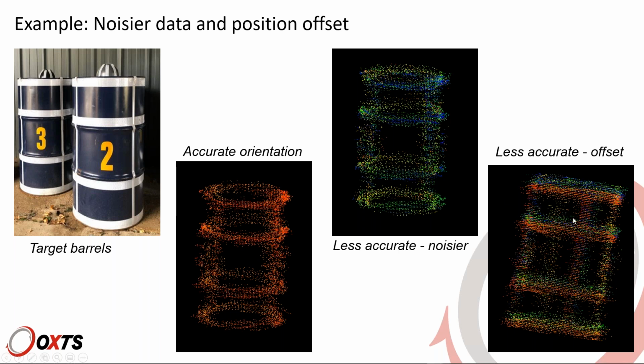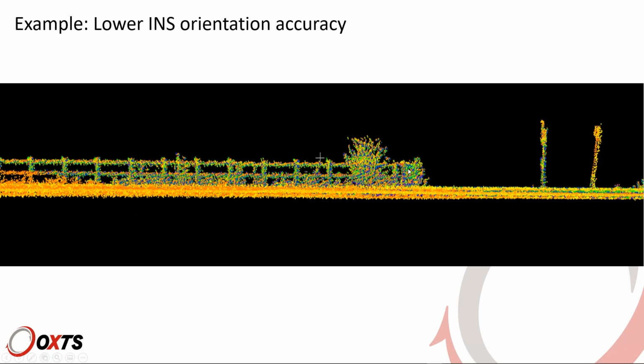And by putting them on top of each other in the same point cloud, you can see that there is a shift towards the top of the barrel that was surveyed with an inaccurate orientation. Okay, so it's not just about the noise, it's also that the objects are placed in basically a wrong position.